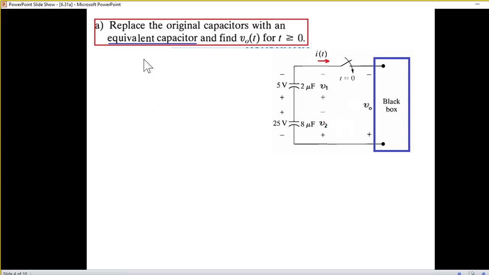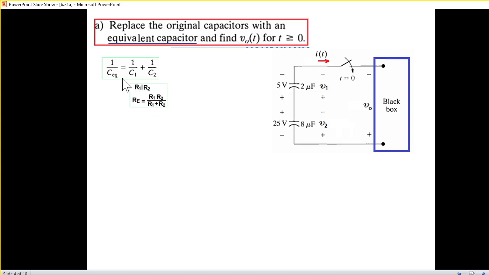First part first: we find the equivalent capacitor. I hope you know by now that capacitors in series are treated like resistors in parallel. Since there are two capacitors, we'll use this formula. For two resistors, we know R1 and R2 in parallel is R equivalent equals R1 times R2 divided by R1 plus R2.